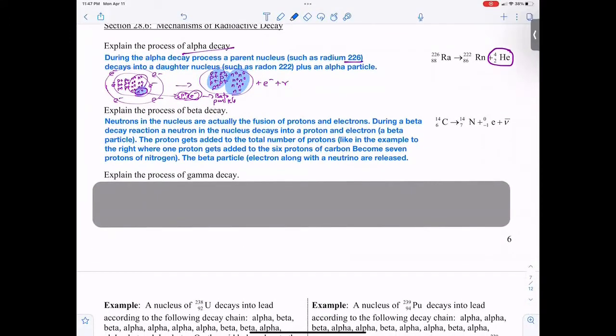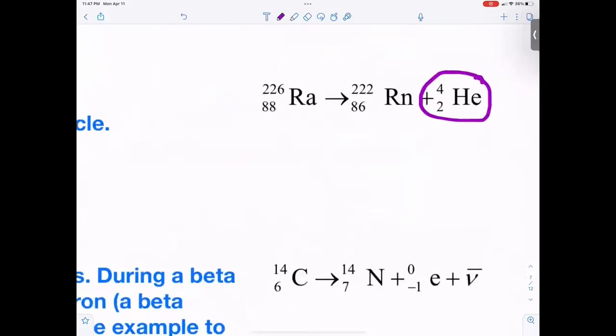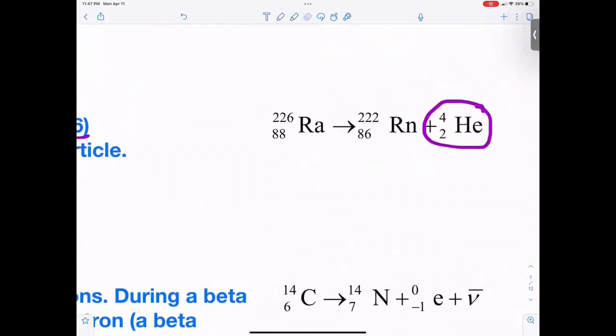Here's the easiest way to know about alpha decay and beta decay. Really easy to tell. In alpha decay, the mass number, which is A, always subtracts 4.